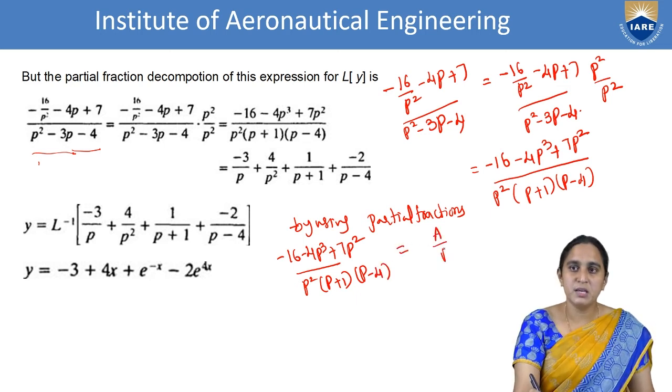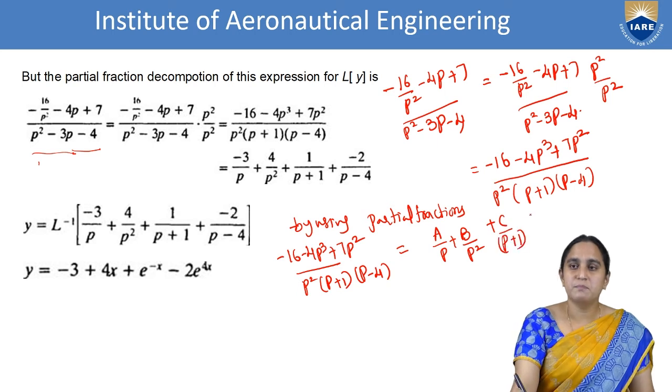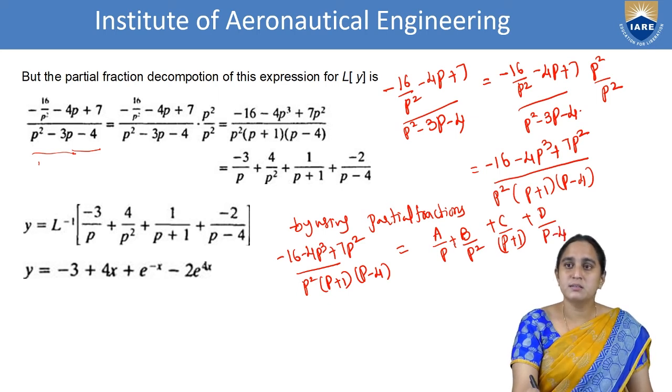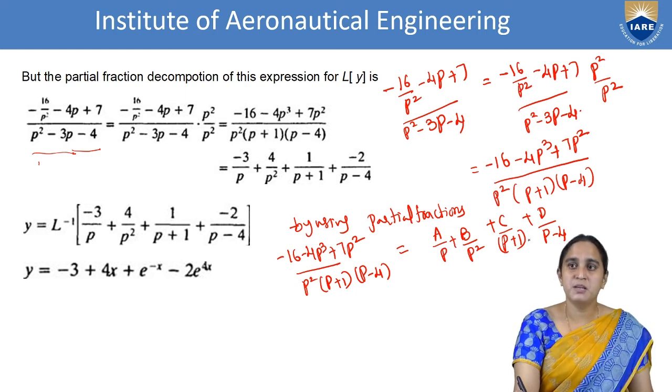A by p plus B by p square plus C by p plus 1 plus D by p minus 4.